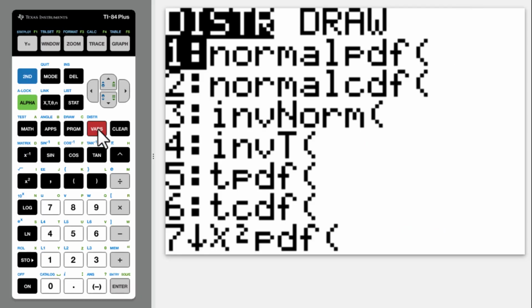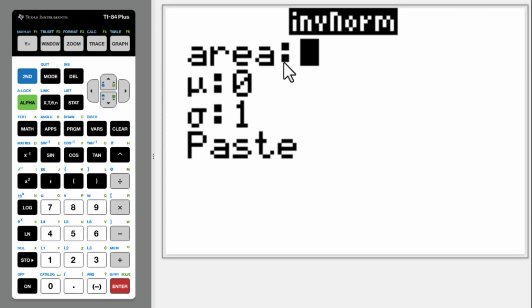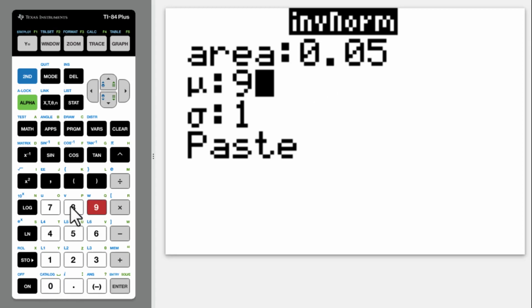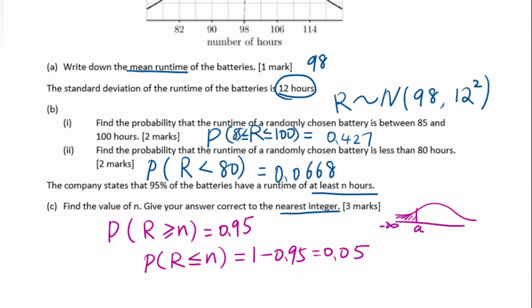Second variable, inverse norm. This area means the area under the curve from -infinity to n. That is 0.05. Mean 98. Standard deviation 12. So 78 is the answer.